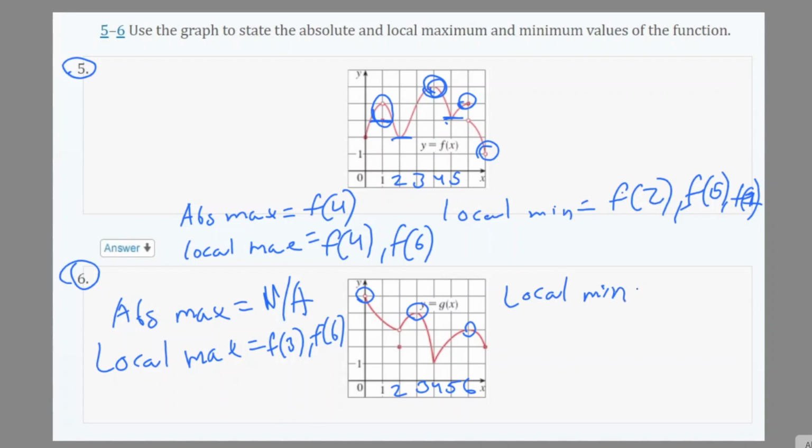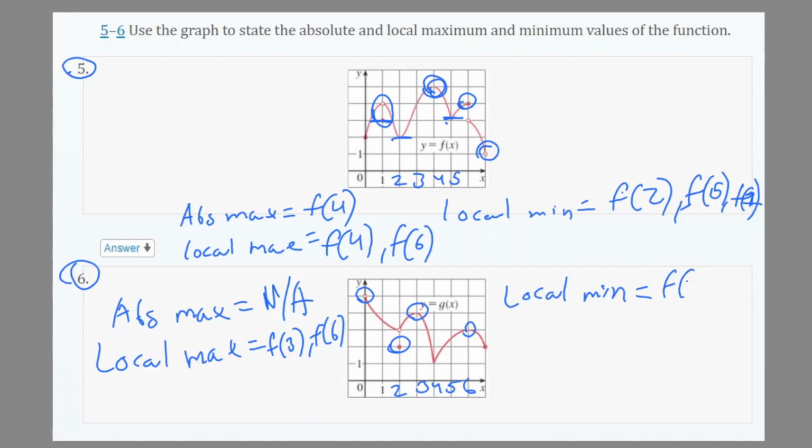And let's take a look at local minimums. So our first local minimum here would be f of 2, because the y value is at 2, even though the limit exists, but the point is undefined at the limit. The defined point is below the limit, so it still counts as a local minimum.